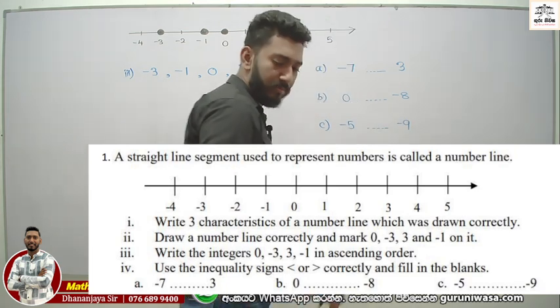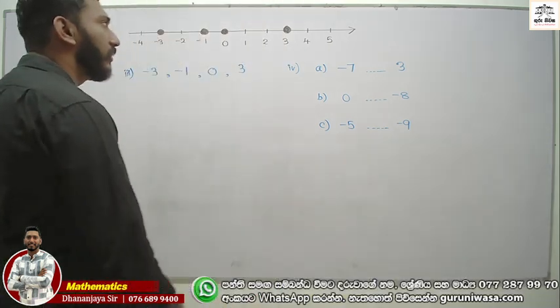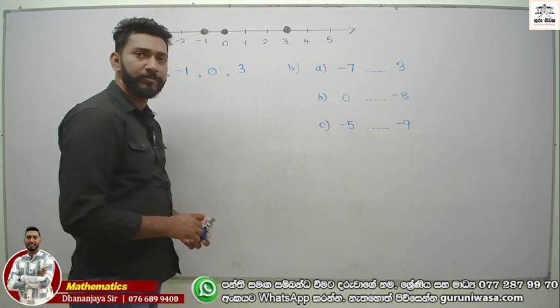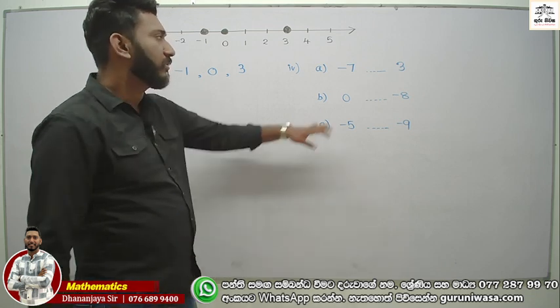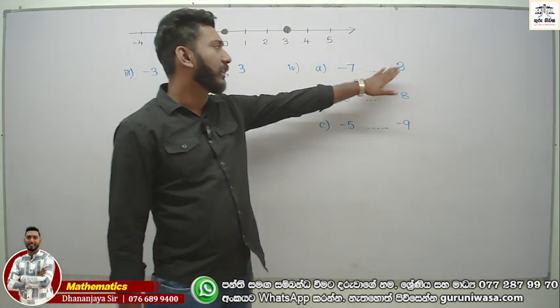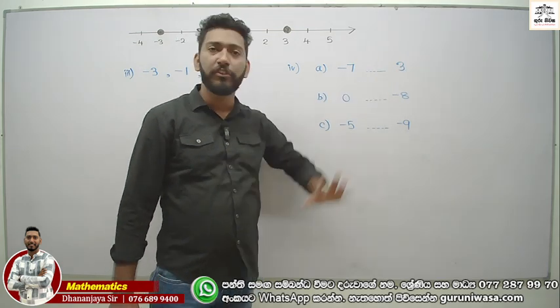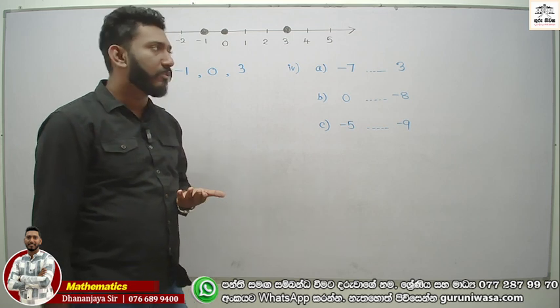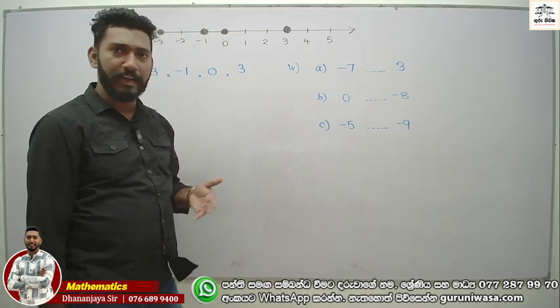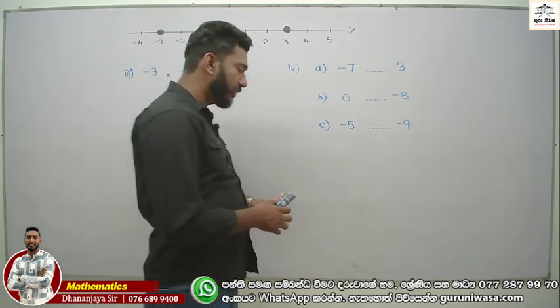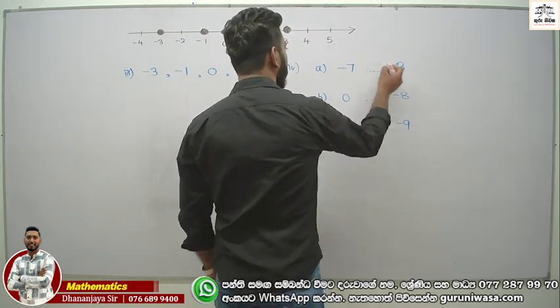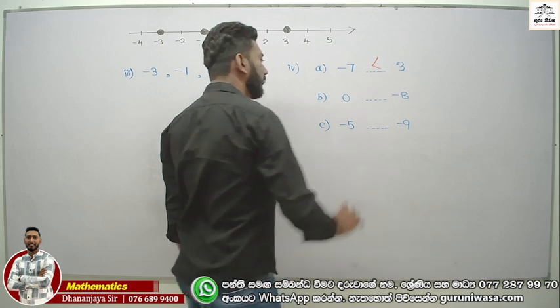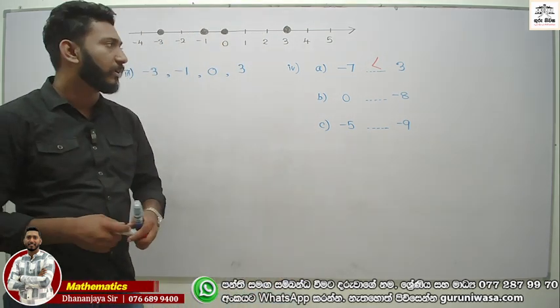The right hand side number situated on the number line is always greater than the left hand side number. In the first scenario, minus 7 and plus 3, negative 7 and positive 3. And we know every positive number is greater than a negative number. Therefore, definitely plus 3 is the greatest one. Now, look at this one.